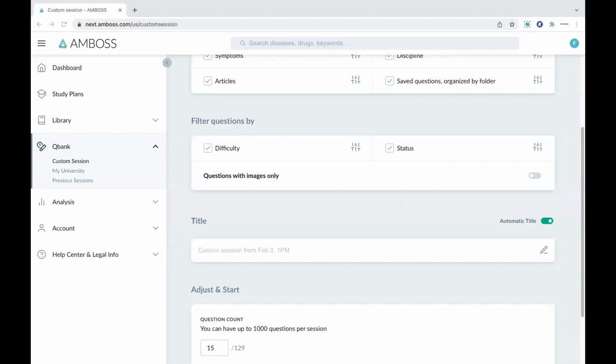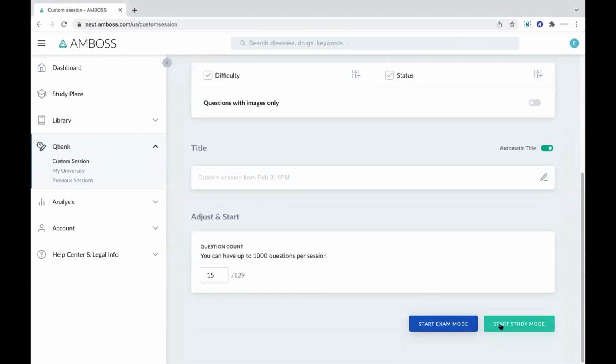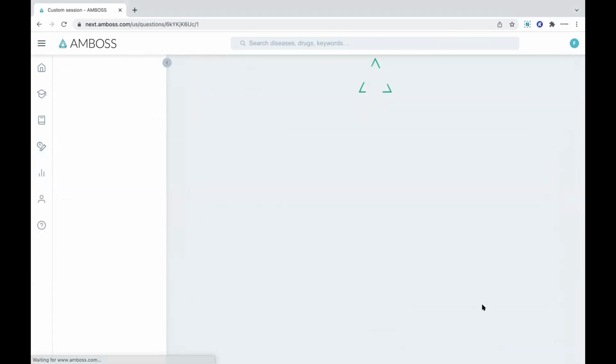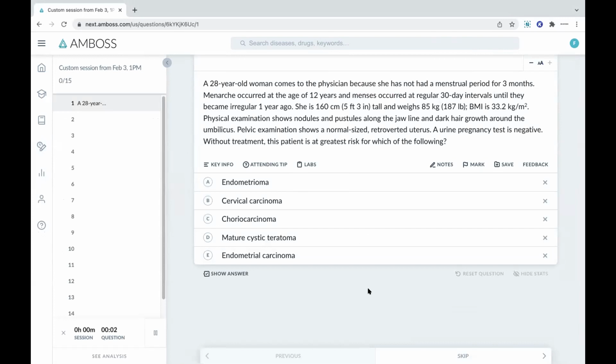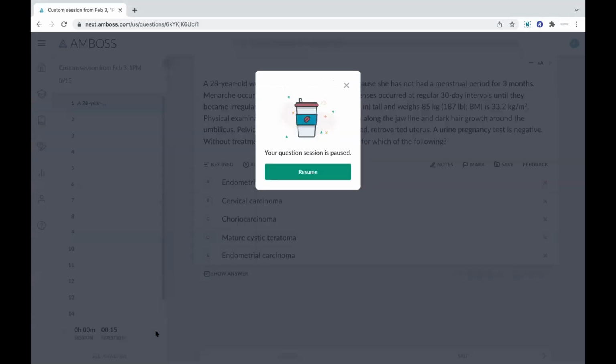Give me 1 second. Can you guys see my screen, the amboss screen?